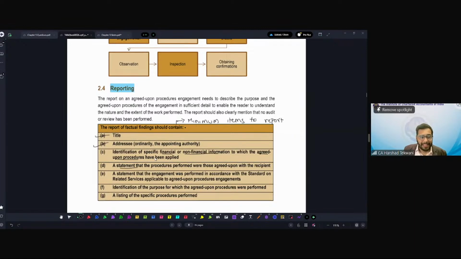Then a statement that the procedures performed were agreed with the recipient or the person who is appointing you. Very important. Then only I can say this is an agreed upon procedures. Clear?